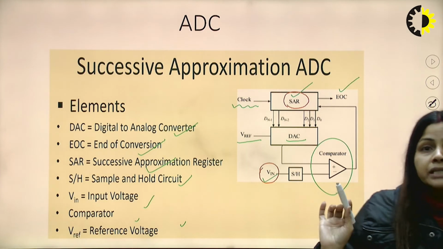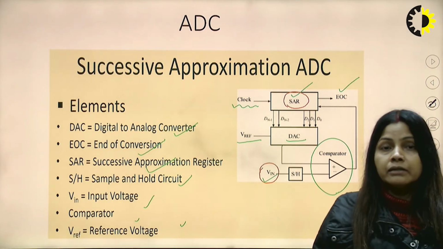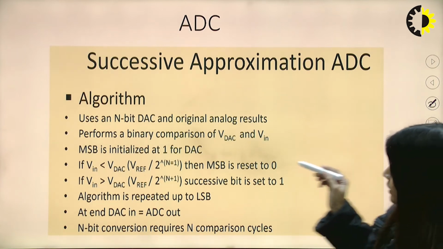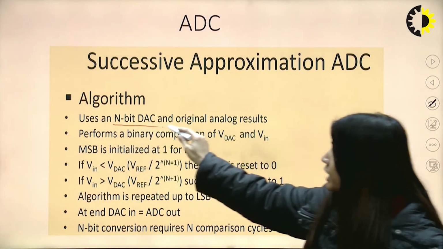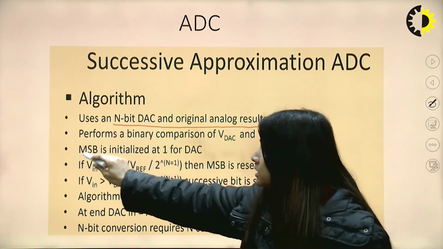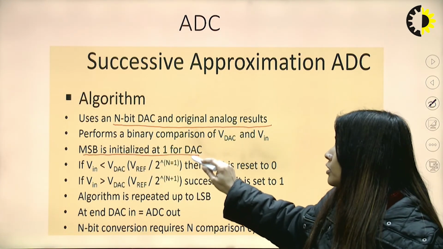Only the MSB is kept at 1, that means at the higher value. So the first step is, using an n-bit DAC, the MSB is initialized at 1 for the DAC.